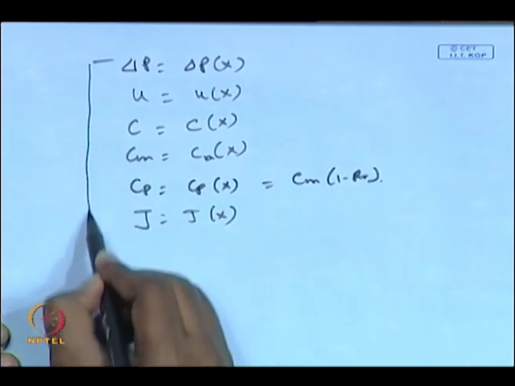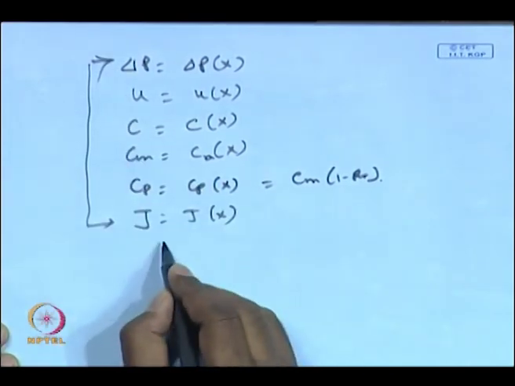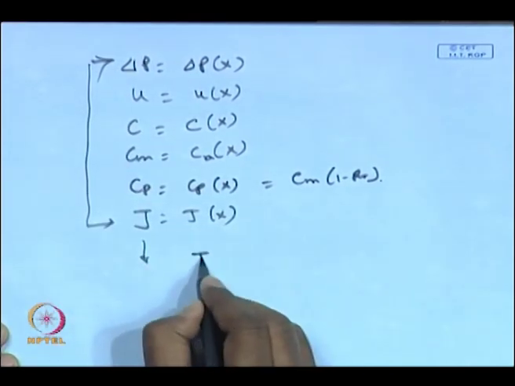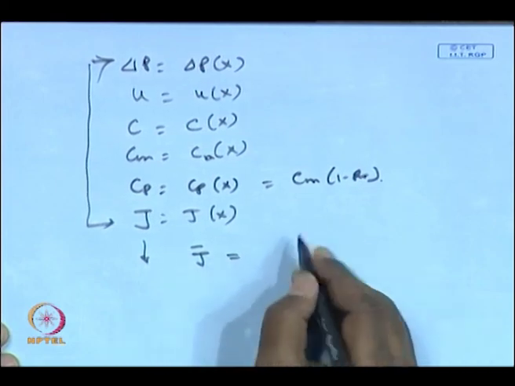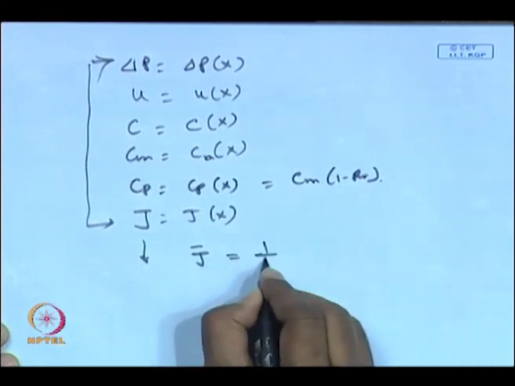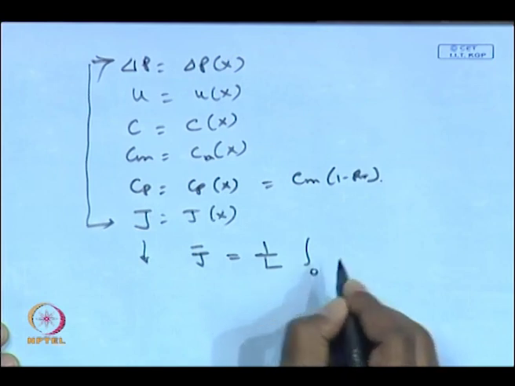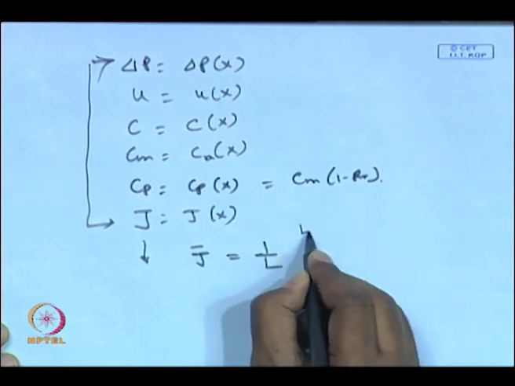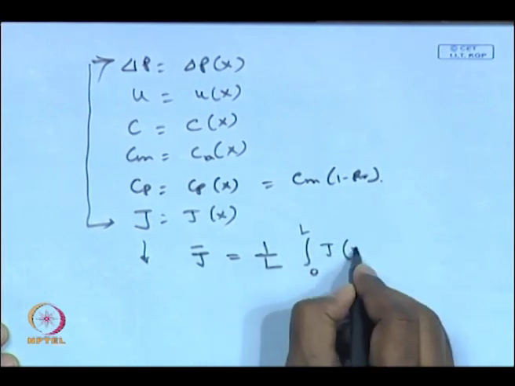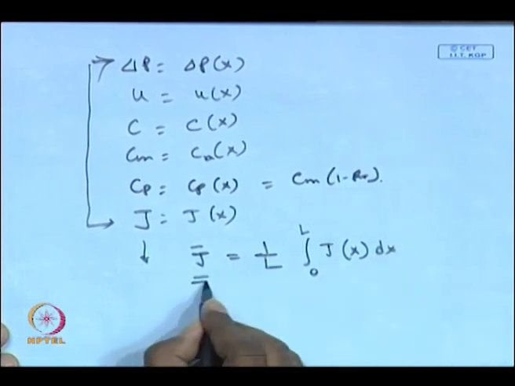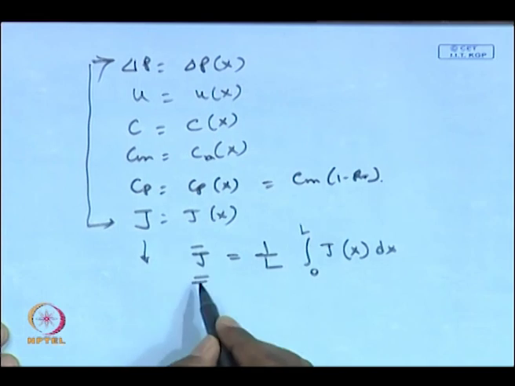After doing this RK4, you do a length averaging, using Simpson's rule or a trapezoidal rule. I think Simpson is better in this case, 3/4 or 3/8 Simpson's. So 1 over L integral 0 to L Jx dx. Calculate the value of the length averaged permeate flux and check whether this calculated value is matching with the guess value of the length averaged permeate flux or not.